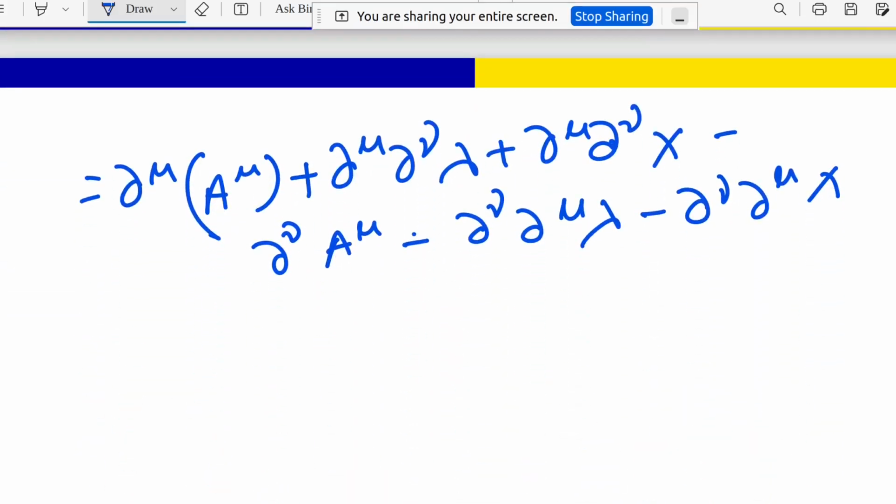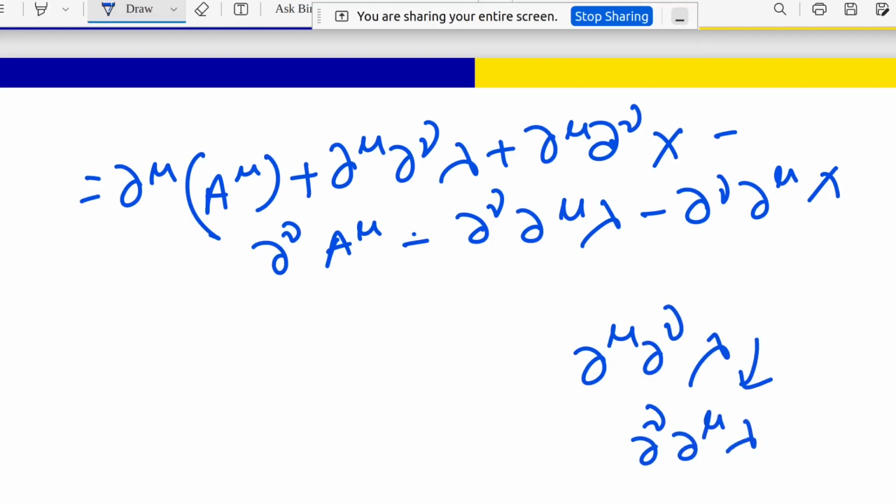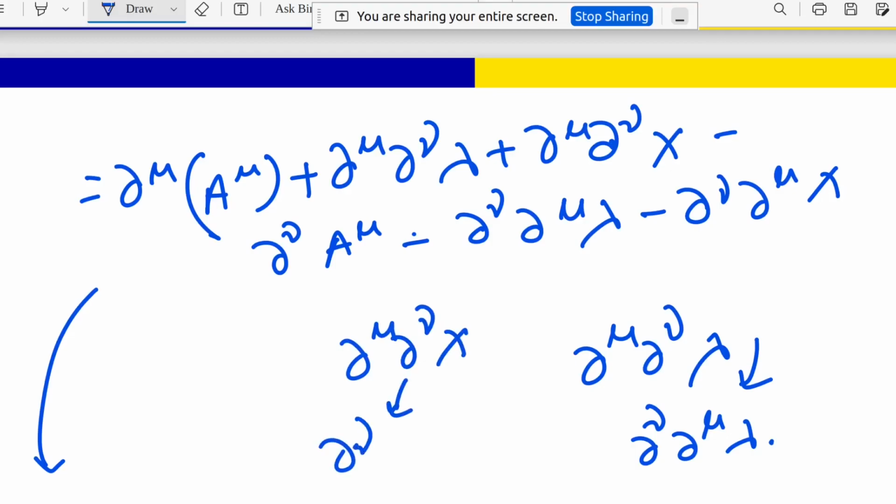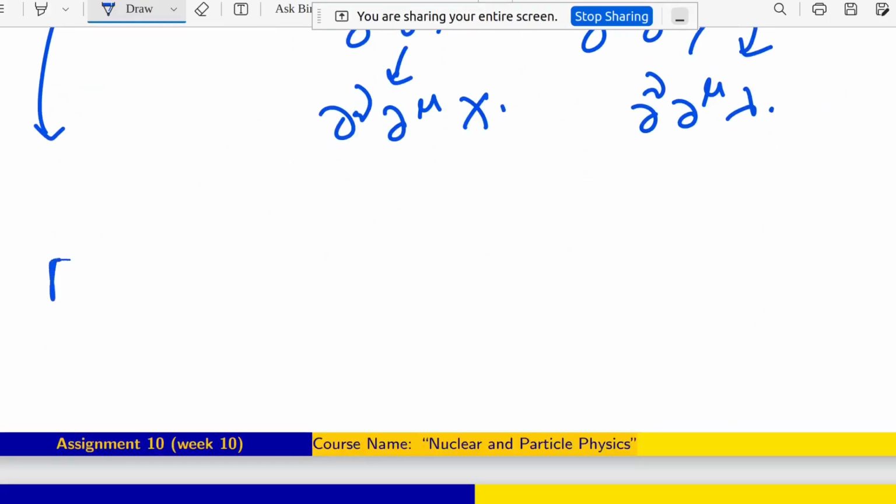Now you can definitely see that del mu lambda can be written as del mu lambda also, and similarly for chi also, del mu chi can be written as del mu chi, sorry. So then what will be the value of f mu nu prime?